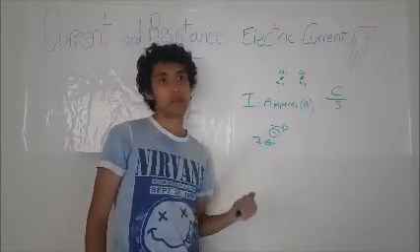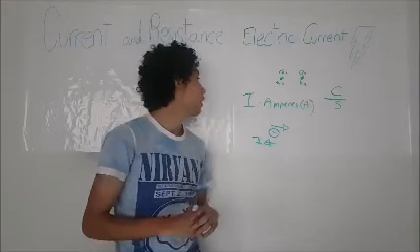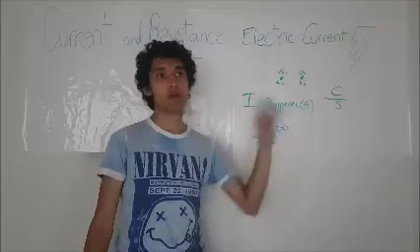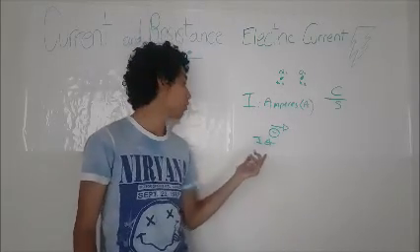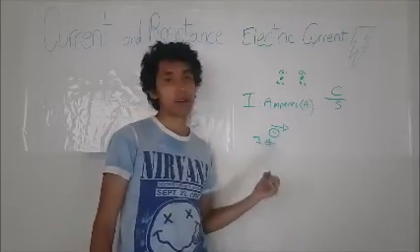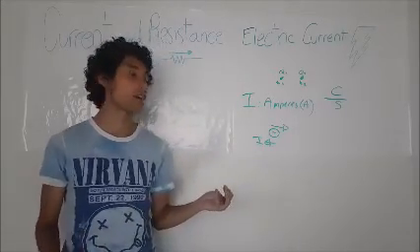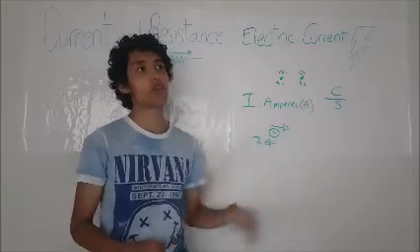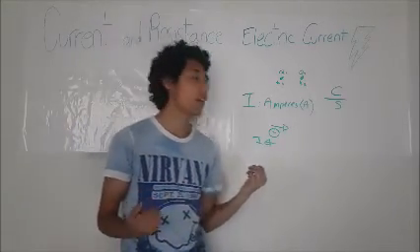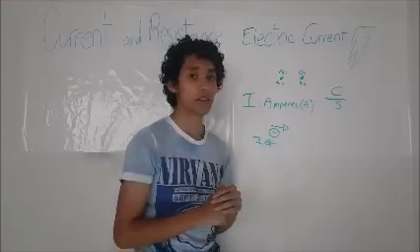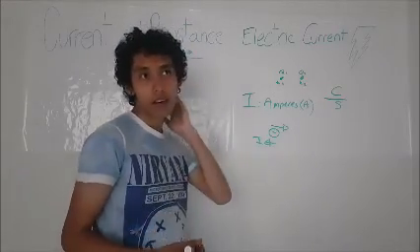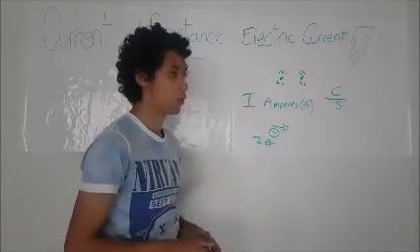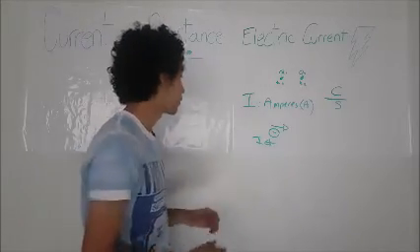And this is because of a convention that, well, protons were discovered first, so the protons move the other way than the electrons, and it was established that the current would go in the direction of the protons. But in reality, what moves are the electrons, since they are lighter than protons and can move easier.